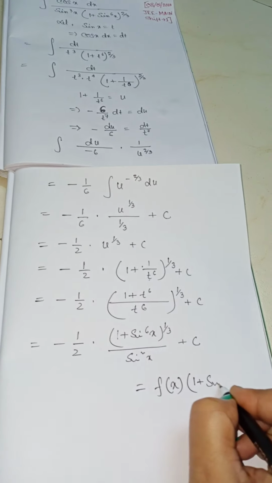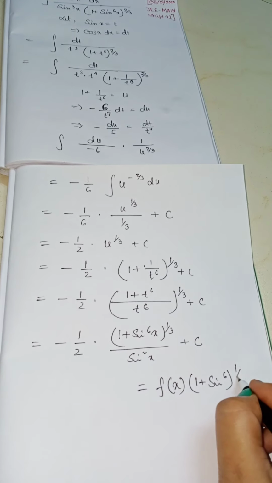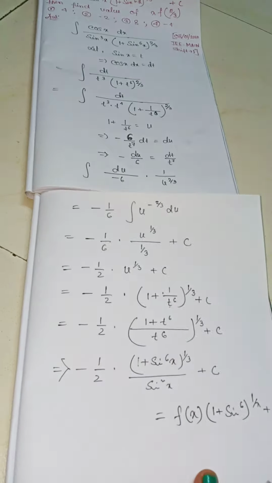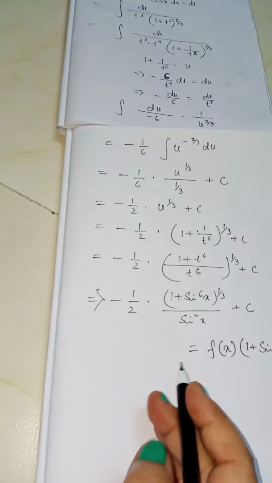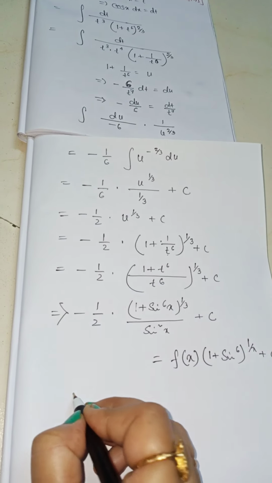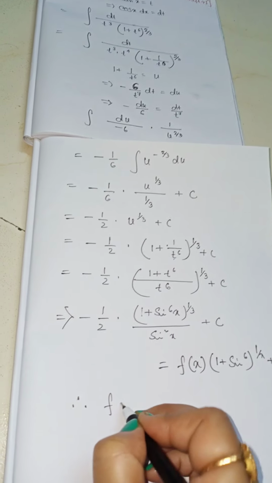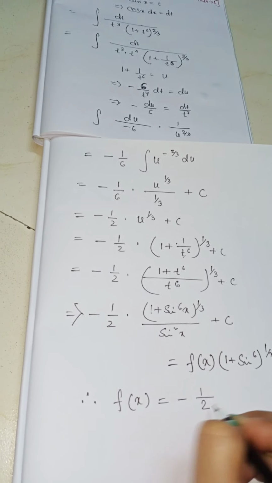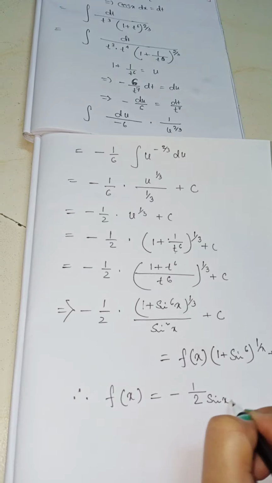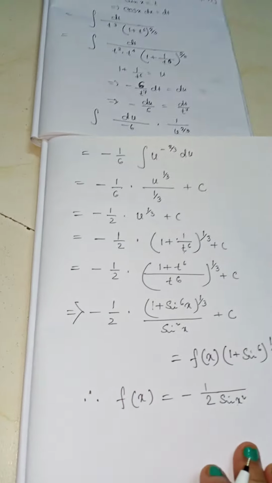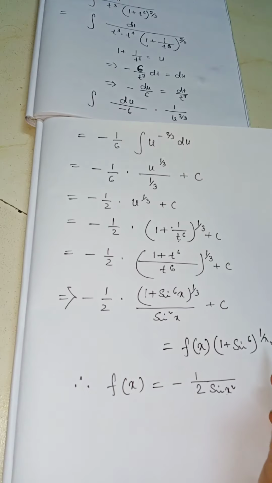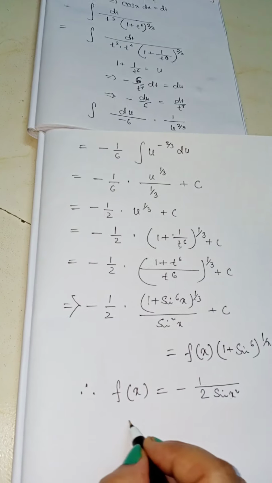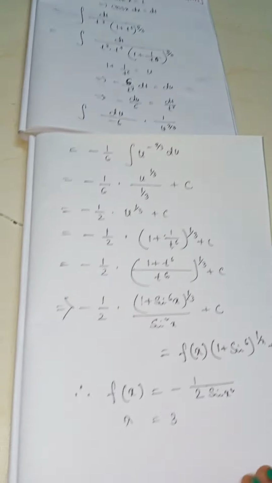This is equal to this given. Therefore f(x) is easily seen to be minus half sin square x, that is minus 1 by 2 sin square x, and by comparing, lambda is equal to 3.